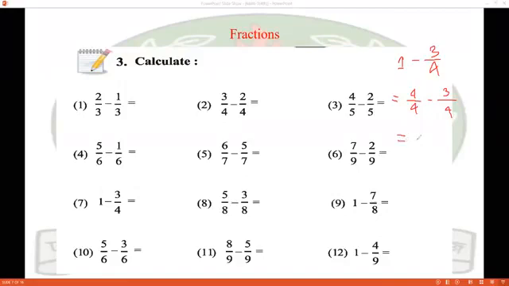The common denominator is 4, so the denominator of the result will be 4, and 4 minus 3, we can write 1 by 4. You see that we get the same fraction in the result. In 2 ways you can solve it.